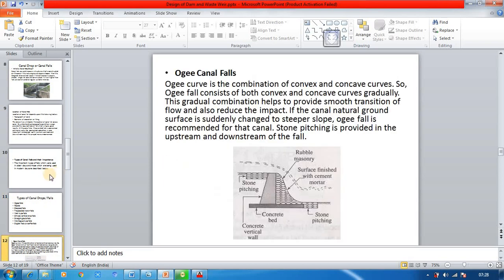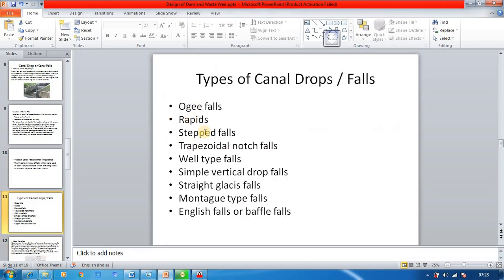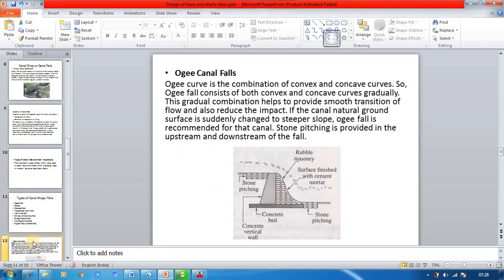So the Ogee falls, these first three are the old types of canal falls. Ogee type of canal fall can be adopted when the topography changes very suddenly. If the slope changes suddenly, then we can provide an Ogee type of surface using rubble masonry, and thereby the flow will be dissipated.